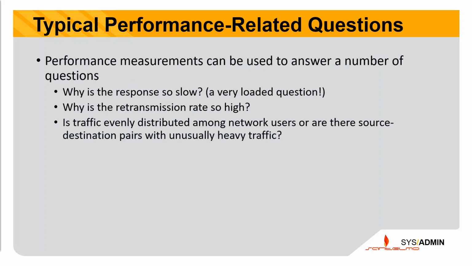Next, is traffic evenly distributed among network users, or are there source-destination pairs with unusually heavy traffic? For instance, in an organization, we give bandwidth to every department depending on their functions in the organization.